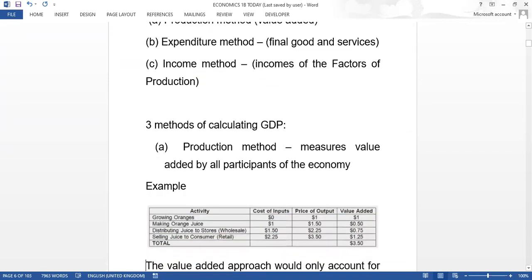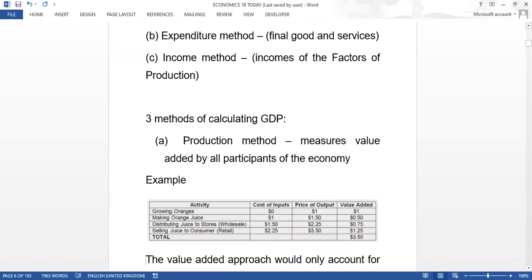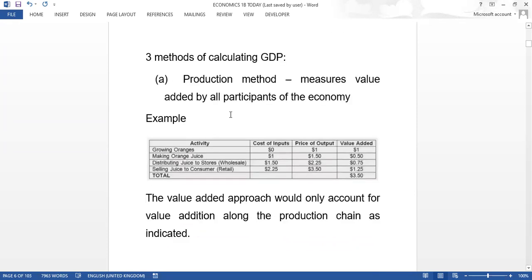So the first one, which is the production method, it basically adds the value that has been added along the production. So we understand that a manufactured product does not just appear on the market as a fully produced product, but it goes through various stages in order for it to be presented on the market. If it is orange juice, we understand that the oranges have to be grown first.